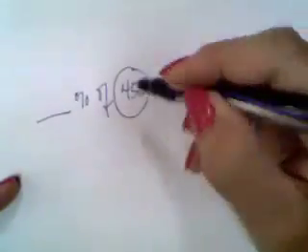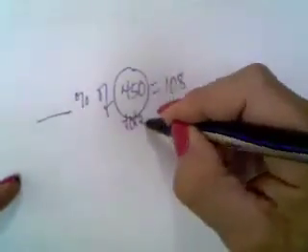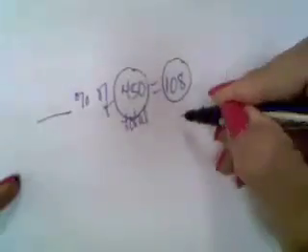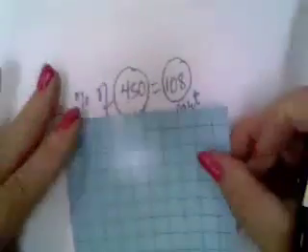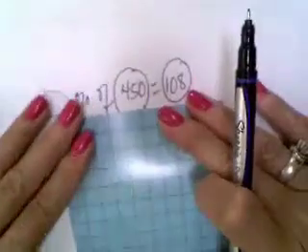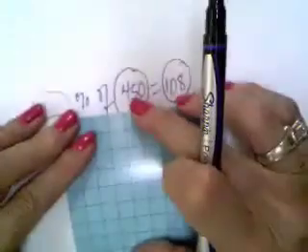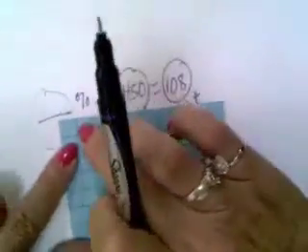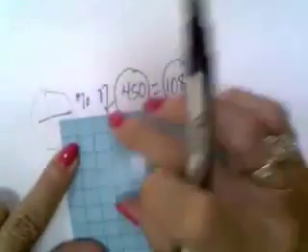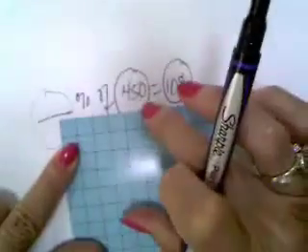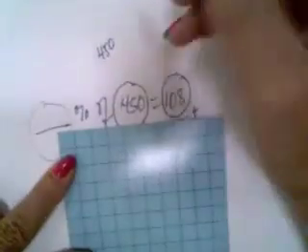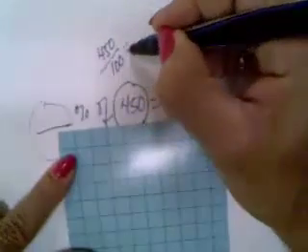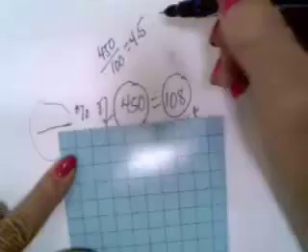So 450 is the total, 108 is the part, so I'm looking for the percent. So again, 100% is 450. So 1 square, 1%, 450 divided by 100 is 4 5/10.